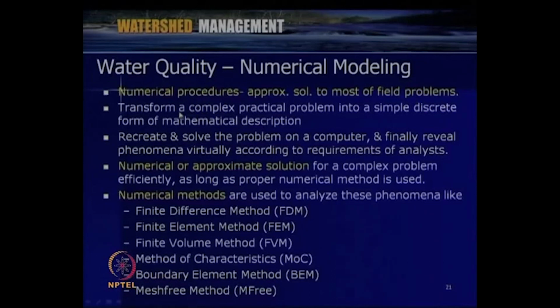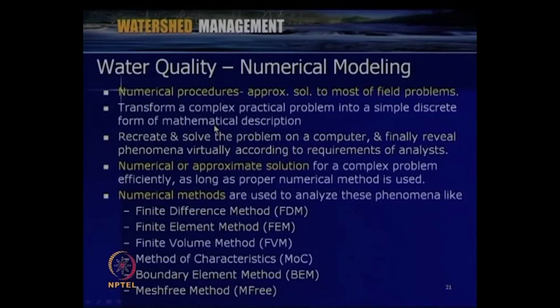These numerical models transform a complex practical problem into a simple discrete form of mathematical description, recreate and solve the problem on a computer, and finally reveal the phenomena virtually according to the requirement of the user. So, numerical methods give approximate solutions for a complex problem efficiently as long as a proper numerical method is used.